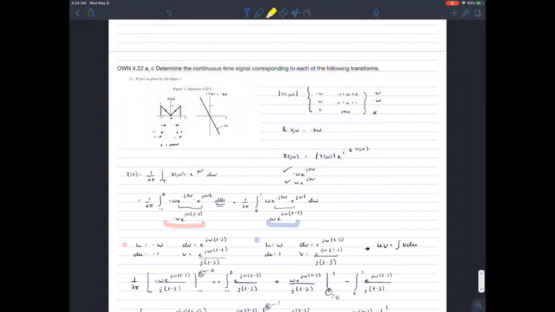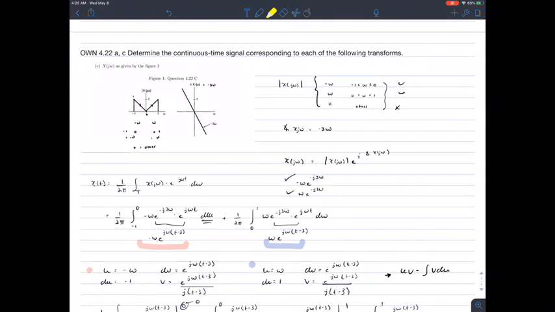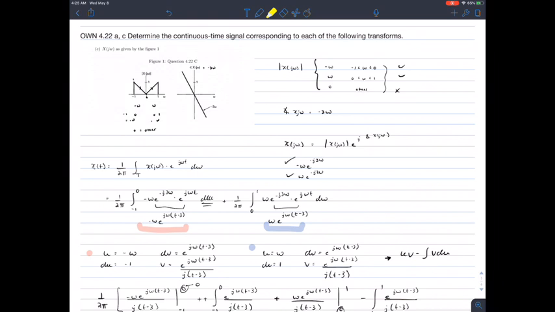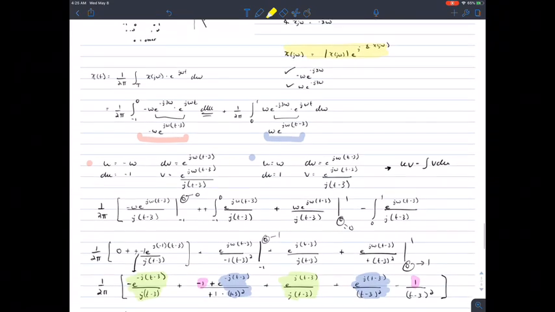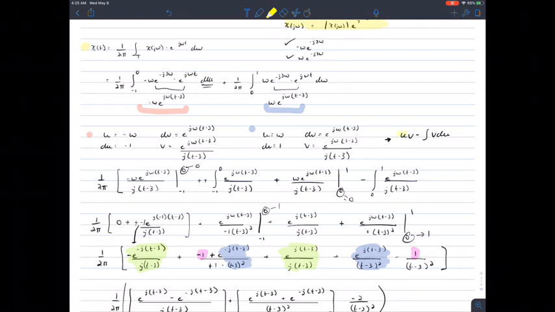So, the main important part of this question is knowing how to go from the graphs that he's going to give you, okay? It may be an x of t graph that he gives you, and you have to make it like your step function brackets over here, or he'll give you the x of j omega, and you have to know how to change it to an equation and go from the graph to the step function to the equation, and then plug it in to the integral.